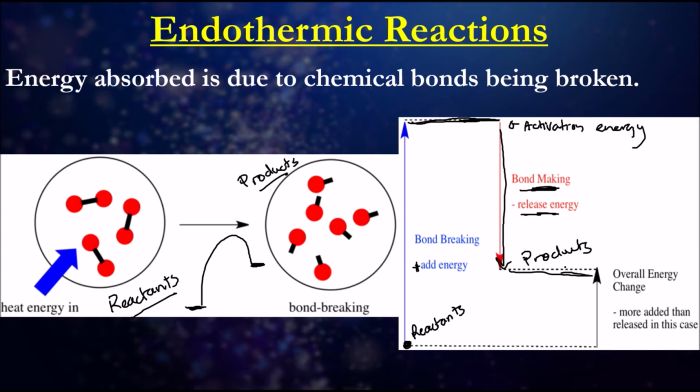Okay, but you can see the product's overall enthalpy, or its overall energy, is higher than the reactants because it's taken in more energy to break the bonds than it released when the bonds formed. So hence why we see this sort of energy diagram like this. It's like half of a side profile of a duck, you could say.